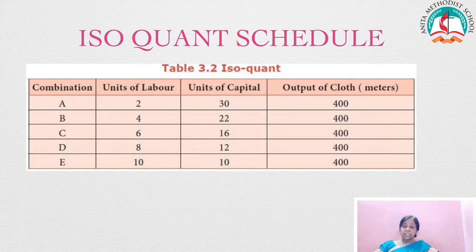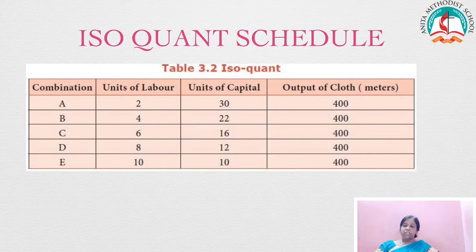C combination: 6 units of labor and 16 units of capital, we have 400 meters of cloth. D combination: 8 units of labor and 12 units of capital, and we have 400 meters of cloth. And the E combination: 10 units of labor and 10 units of capital, we have the same level of output, that is 400. In all these 5 different combinations, we produce the same level of output, and that is the meaning of isoquant.